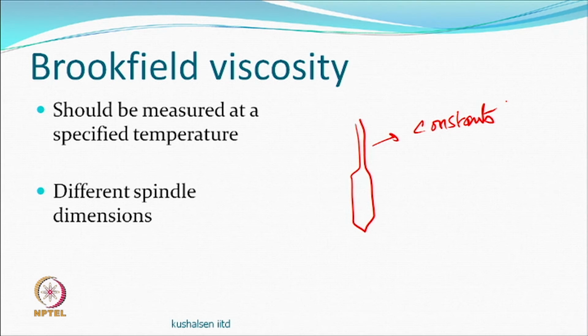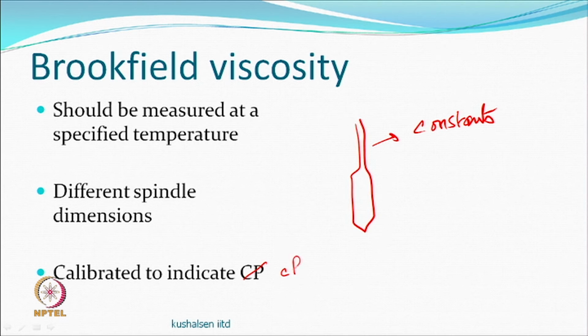So, everybody has the same standard size spindles, and then you talk about RPM and temperature. So, you can say that your results are as good as anybody else's results. It is calibrated to measure the centipoise, the viscosity.